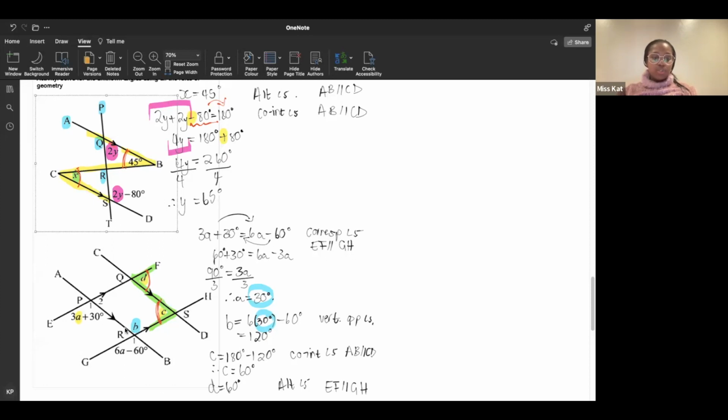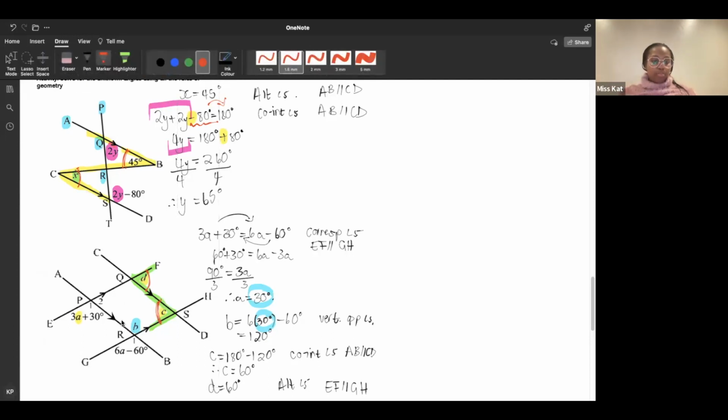Co-interior angles. So we solved for B and we said it was 120, right? Yes. So B and C add up to 180. So you're going to say 180 minus 120. Okay, I see it. Thank you, ma'am. You're welcome.